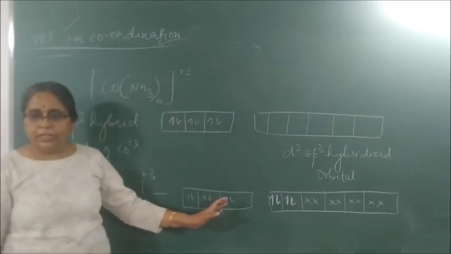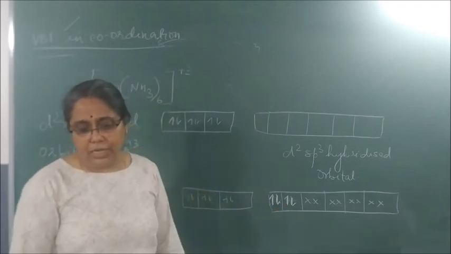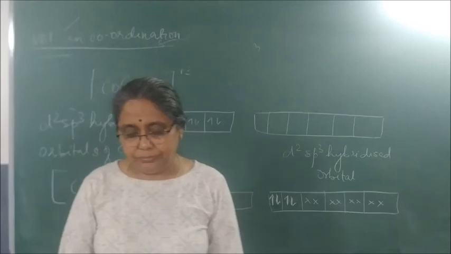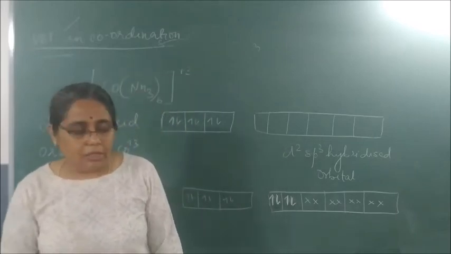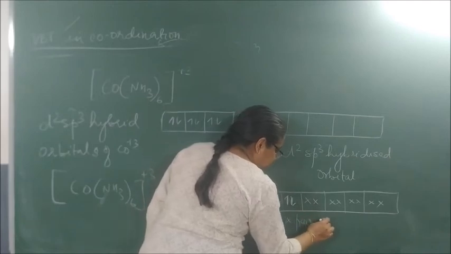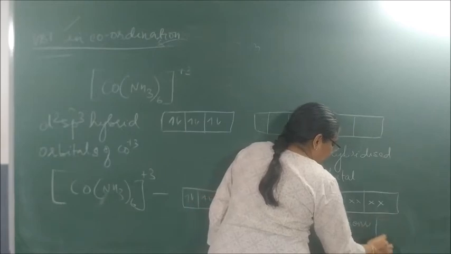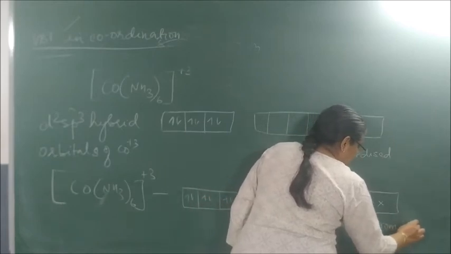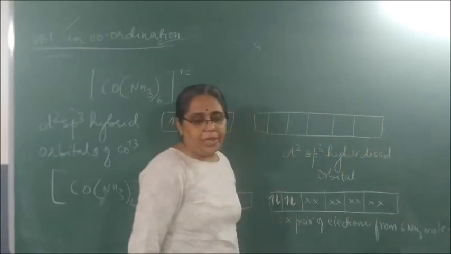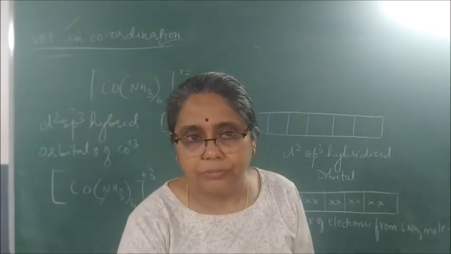Write: 6 pairs of electrons from 6 NH3 molecules.